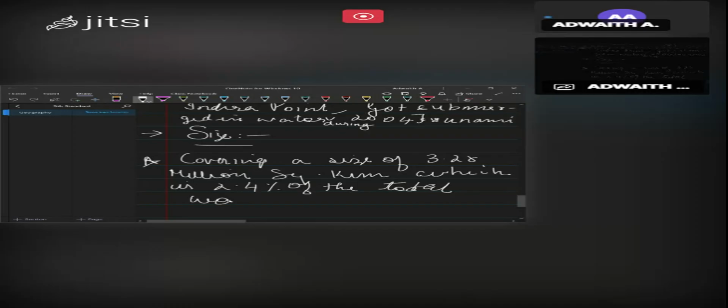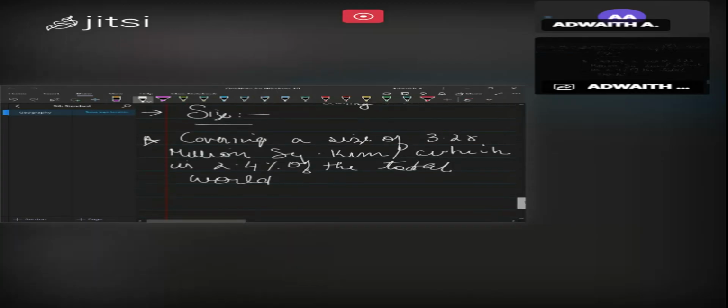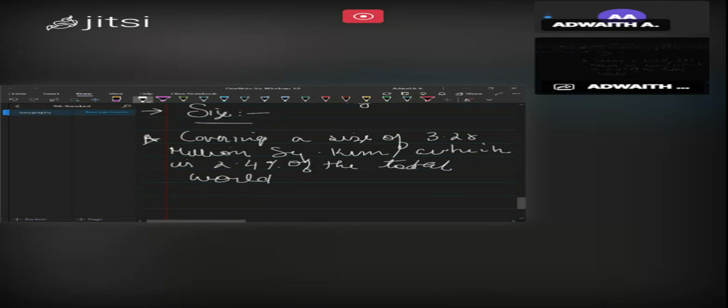When you don't get that point, you can split the point, covering till here, which is 2.4 percent of the total world.